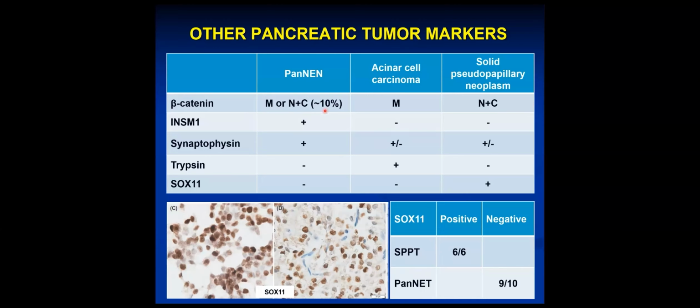But remember, about 10% of pancreatic neuroendocrine neoplasms can be positive for beta-catenin too. So in this scenario, combined IHC markers might be needed to differentiate neuroendocrine neoplasm from solid pseudopapillary neoplasm, as well as acinar cell carcinoma in the pancreas.